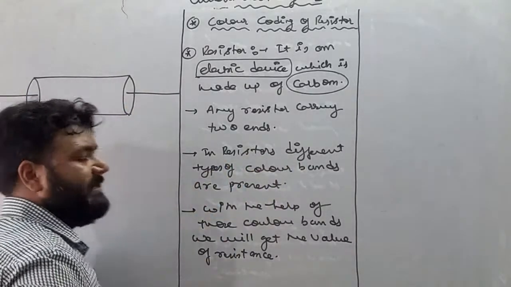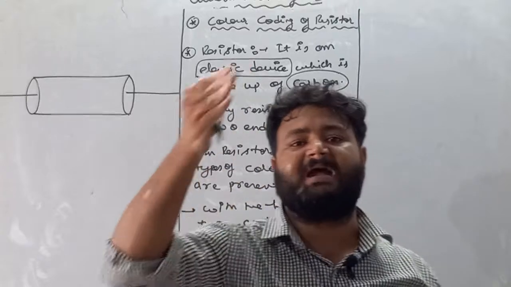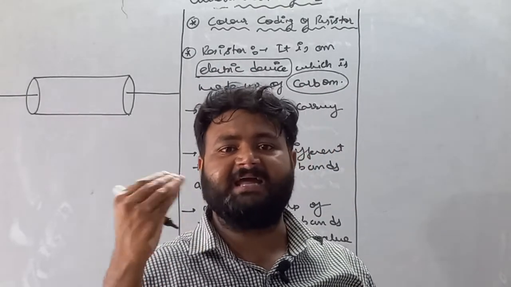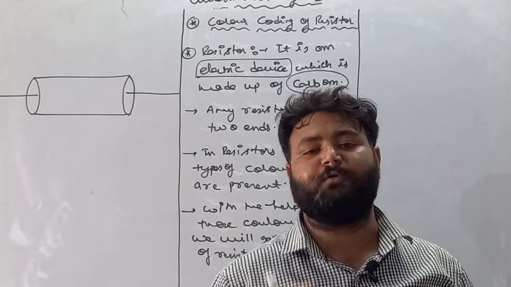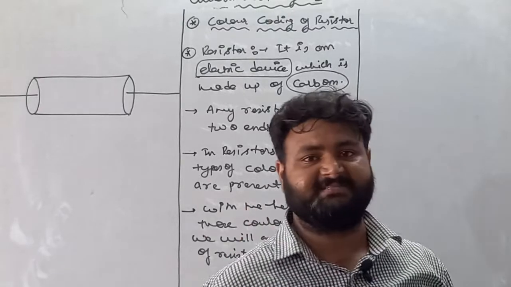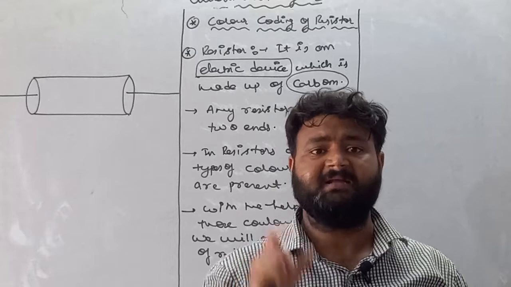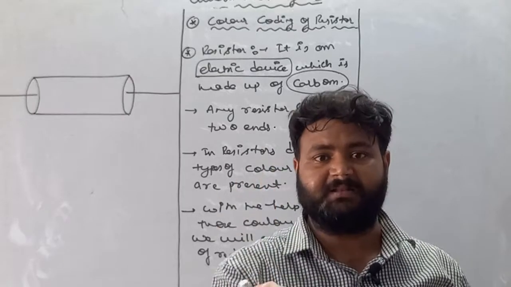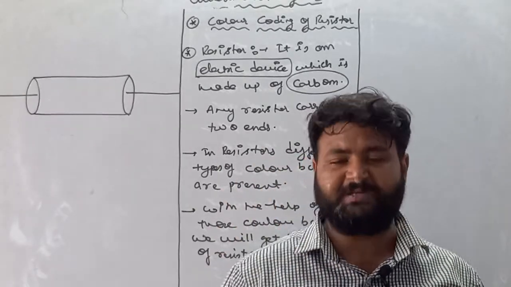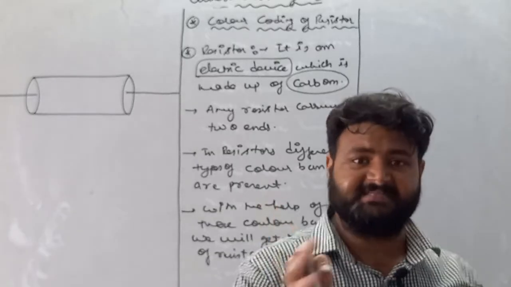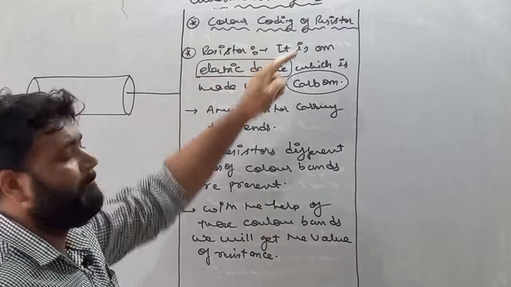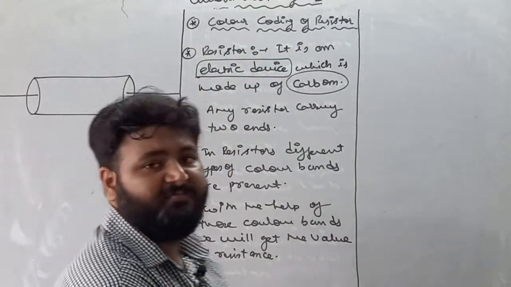In resistors, different color bands are present. With the help of these different color bands, we'll get the value of resistance of that resistor with the help of a table. That table gives you the information of the value of resistance of that resistor. That's why the topic is color coding of resistor.